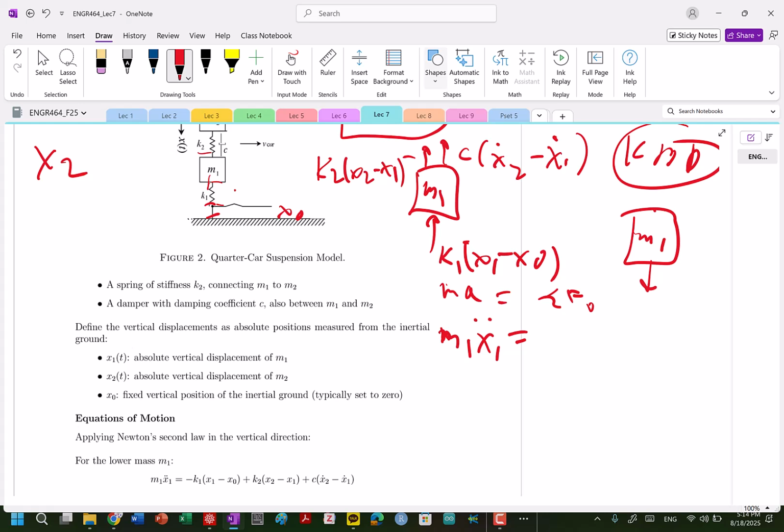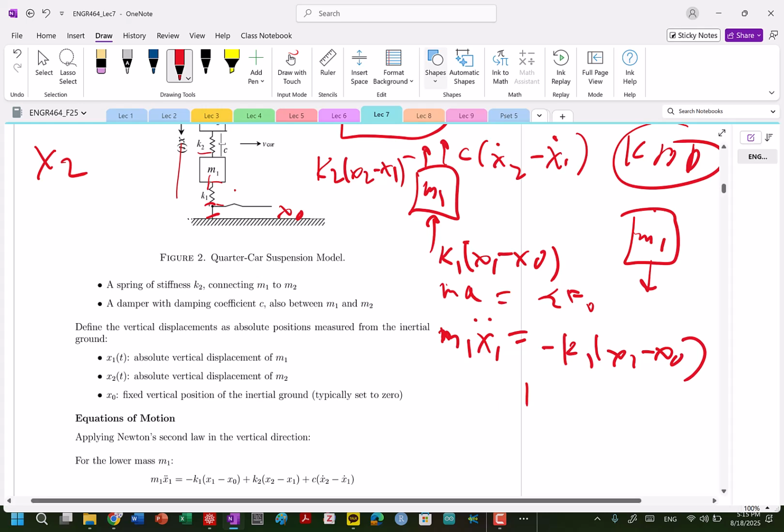Remember, positive is moving down. So it's going to be minus K1 times x1 minus x naught. It's going to be minus here because we're going in the opposite direction unless we're being pushed here.